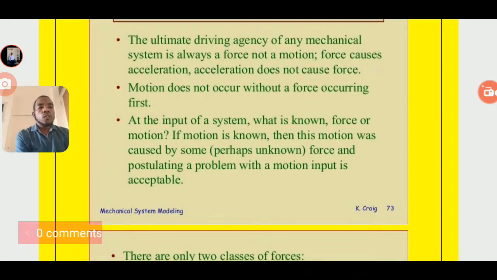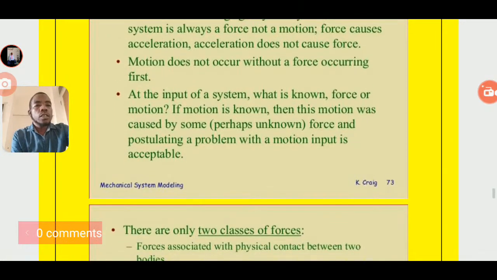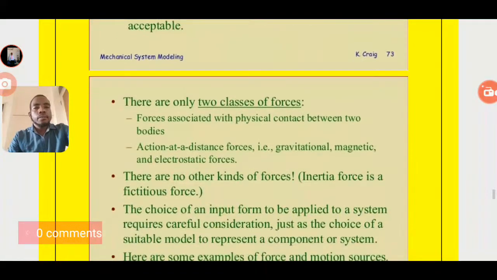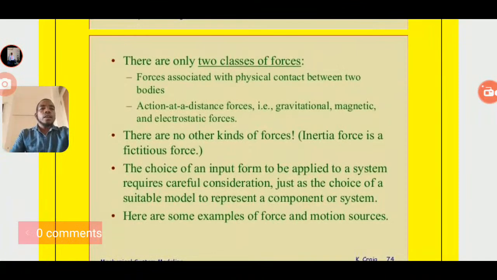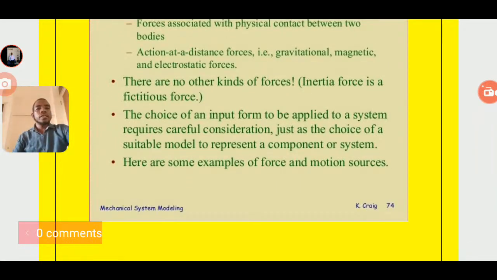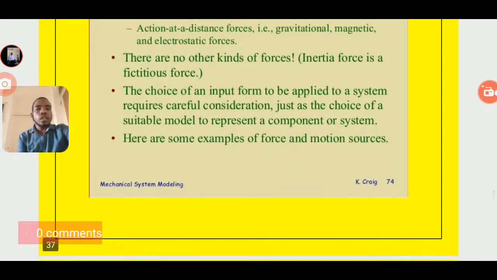At the input of the system, what is known, force or motion? If motion is known, then the motion was caused by some unknown force that interacts, and postulating a problem with the motion input is acceptable. There are only two classes of forces: forces associated with physical contact between two bodies, and action-at-a-distance forces, that is the gravitational, magnetic, and electrostatic forces.